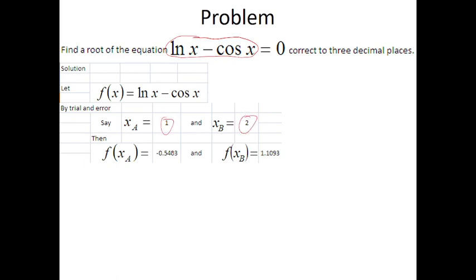If this is 1, that is a negative number, the value of the function ln 1 minus cosine 1 will arrive with negative 0.5403. It's a negative. Now, x sub b is 2. And our target, so that we can apply bisection method, is to have a value of the function to be positive. So in this case, it is positive 1.1093.